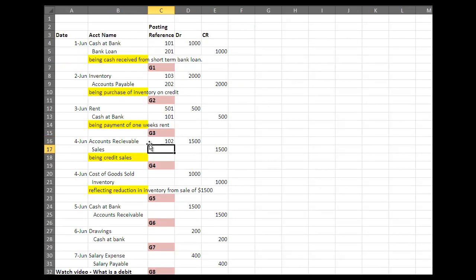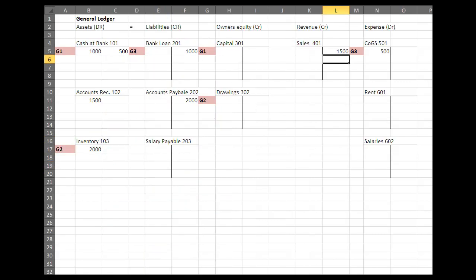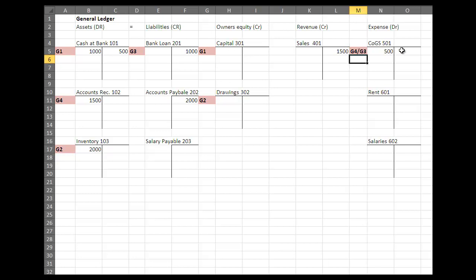Now this is G4. G4 works in well there, so what we'll have to do here is go G4 to signify the one on this side, and G3 to signify the one on that side.